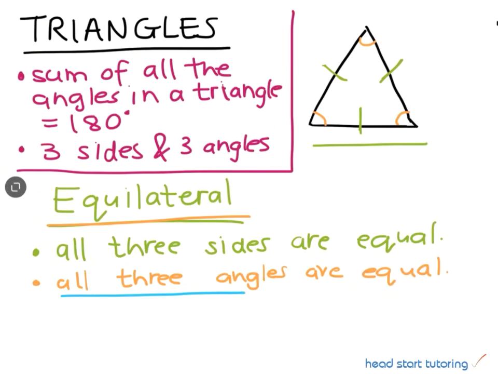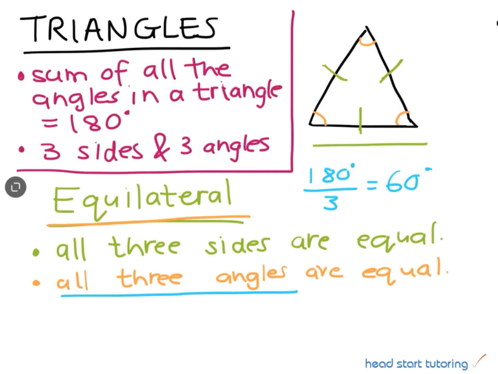If all three angles are equal in our equilateral triangle, we will therefore be able to find out what each of those angles is equal to. Because we know the sum of all three angles in any triangle is 180, and we know that in an equilateral triangle all three angles are equal, we just need to divide our 180 by 3, and we end up with 60 degrees.